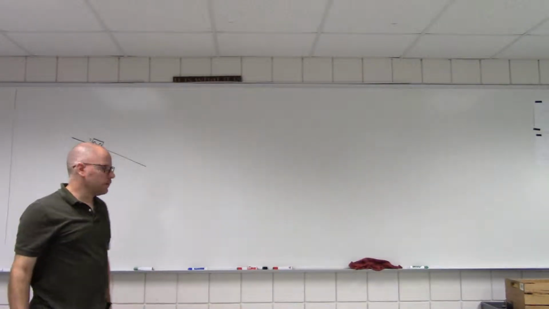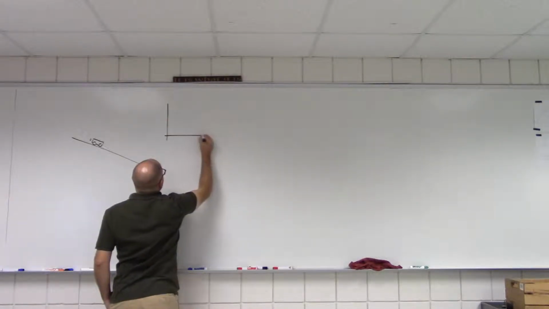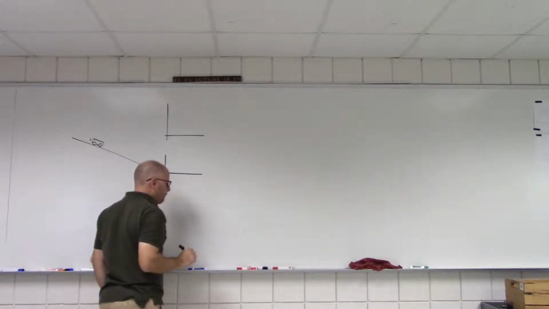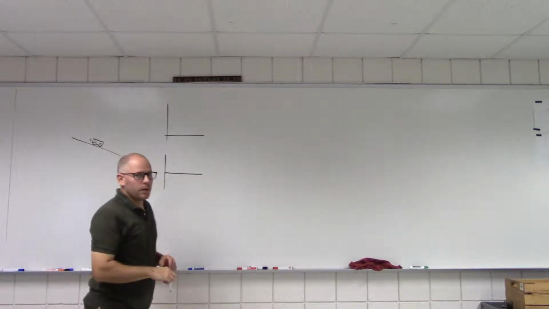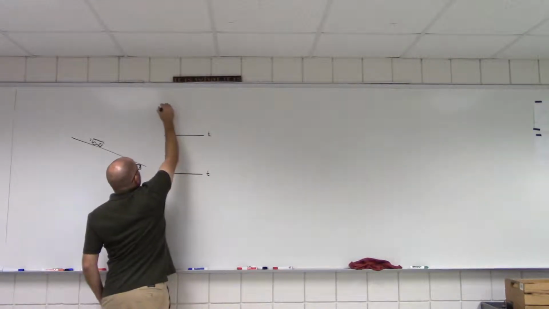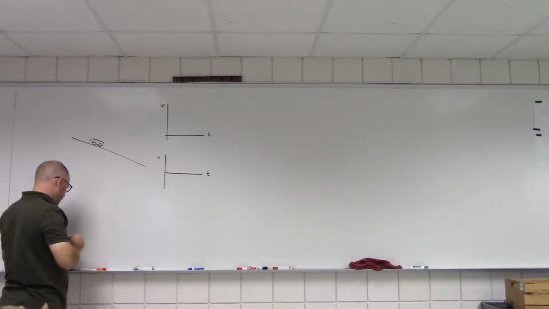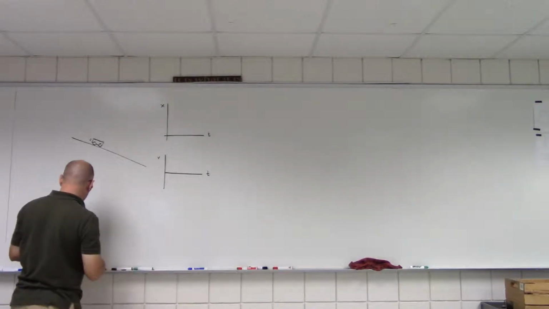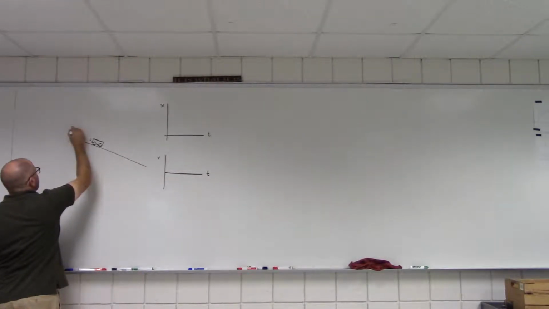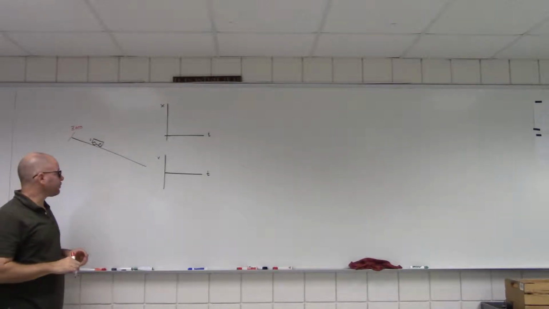So here's your cart. Here's your position and time graph, and your velocity time graph. There's our zero position line.